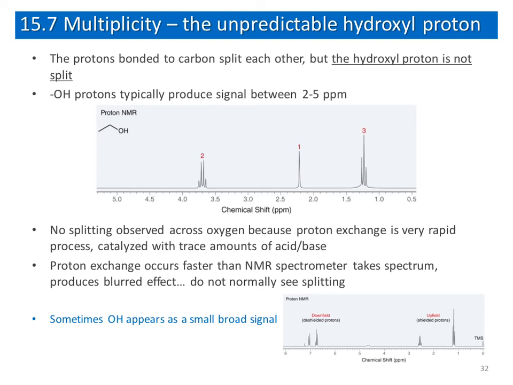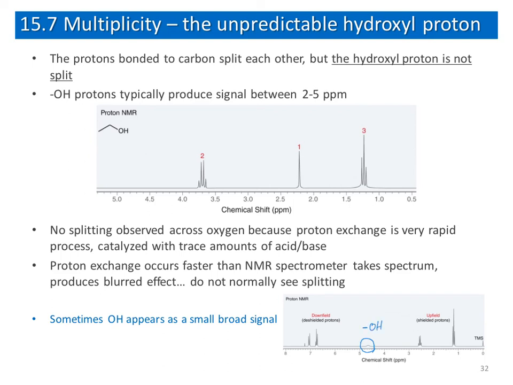So basically, whenever you want to define the multiplicity, you should ignore the presence of this OH functional group. And as I said, it has some unpredictable behavior. Sometimes instead of a normal singlet peak, you may see a broad peak right here. That little broad peak can belong to the OH functional group.